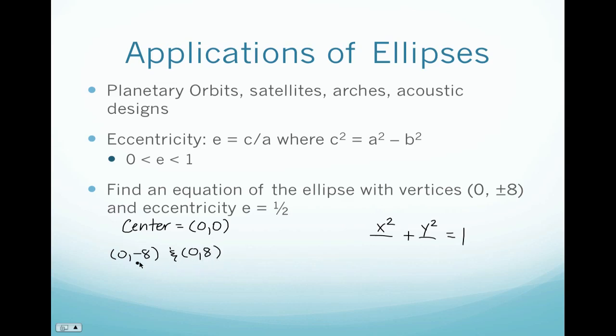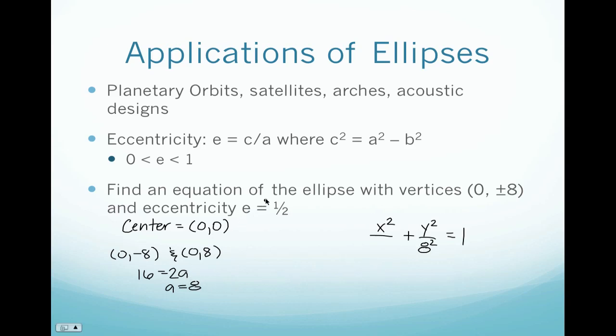So that means that this major axis has a length of 16 units, and that equals 2a. So a equals 8. So therefore we have y squared over 8 squared, or 64.